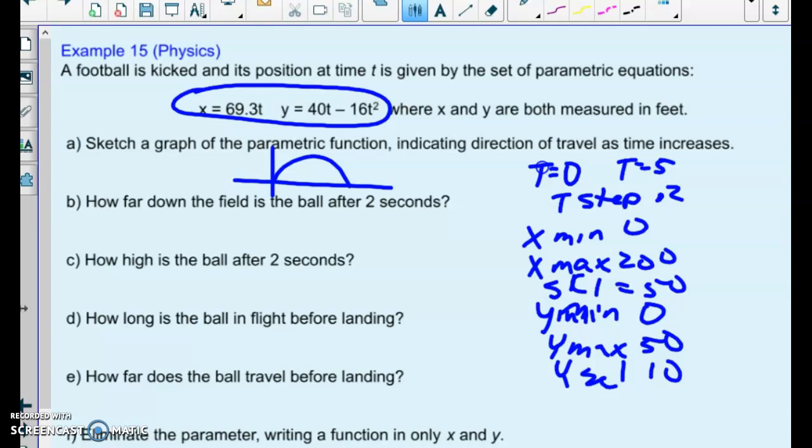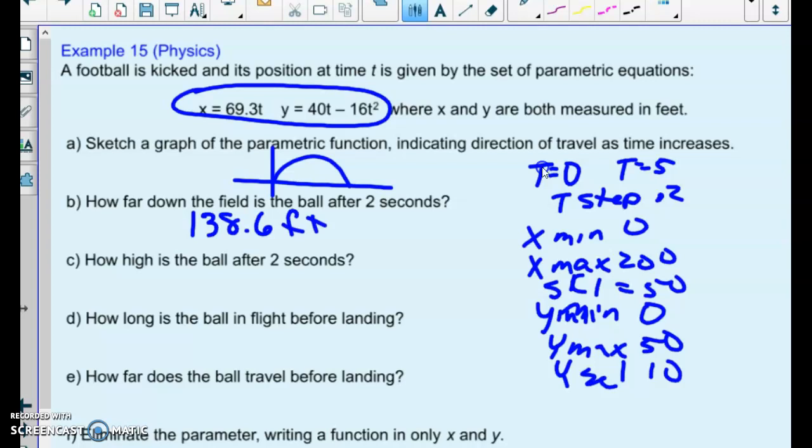So if I go to my table and I put in 2 seconds, or ask it to do 2 seconds, depending on if you have it on ask or if it's automatic, you can do either one. So at 2 seconds, I get that the ball is 138.6 feet down the road.